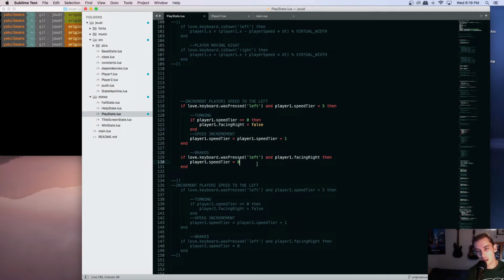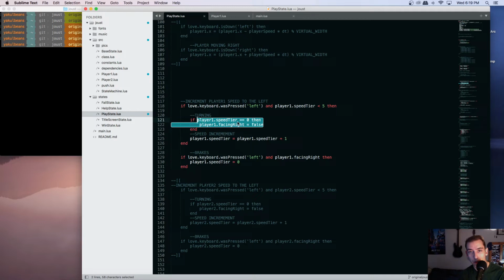So I would add another condition saying and speed tier is greater than 0. I wouldn't set speed tier to 0 just yet. I would only set, shoot. How would I do this? Because we would need to set speed tier to 0 so that we can turn around, because that's how we check.